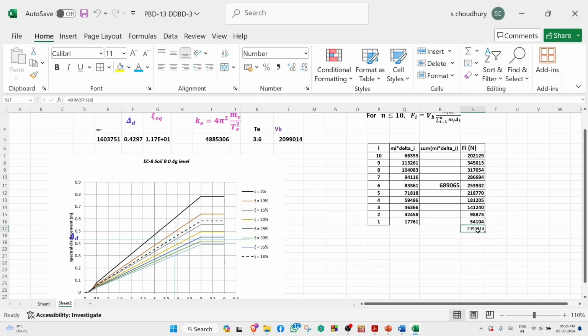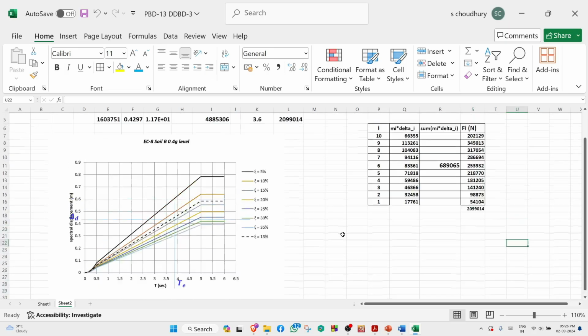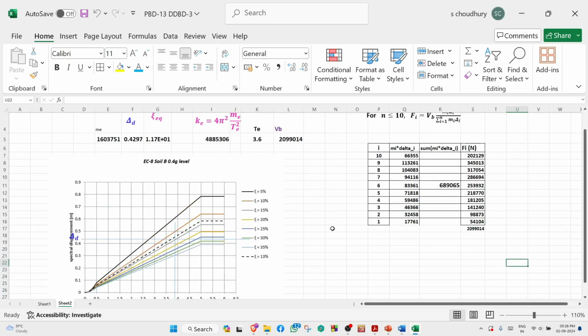Either way you will get the same result of the responses; bending moment, shear, displacement, drift will come similar. So in future we may be taking up the application of these things in the SAP 2000 model. But I think up to here the application of the numerical part is clear to you.